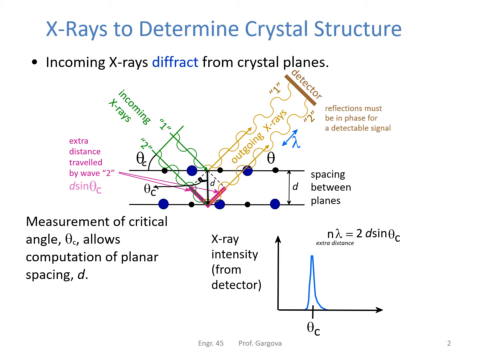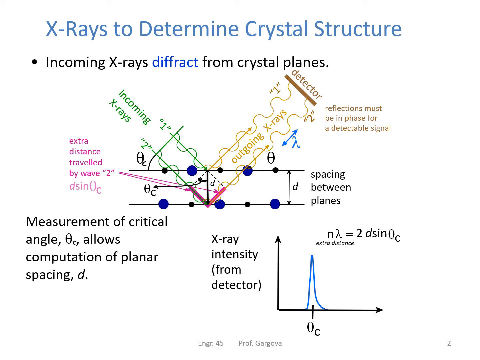We treat this area as a right triangle, and we can relate this extra distance by d sine theta c. I know this is a little confusing, but theta c is the angle between the planes and both X-ray 1 and X-ray 2, which is equivalent to the angle between the incoming X-ray 2 and the second plane of atoms.